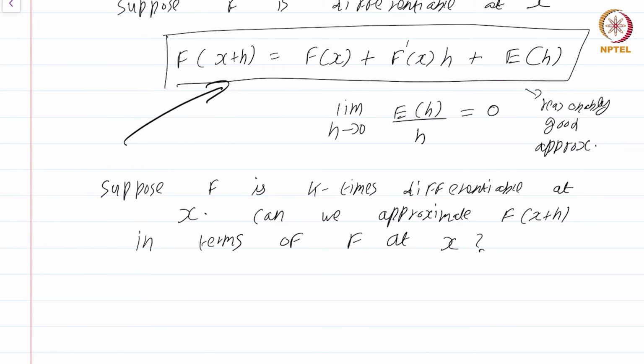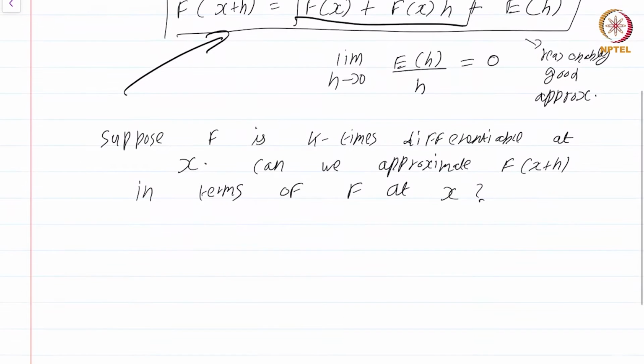Now, what will be our guess? We have approximated f of x plus h using something that is linear. So the natural thing to do would be to try to approximate f of x plus h using a polynomial. Let's try to do that. Can we approximate f of x plus h using a polynomial?